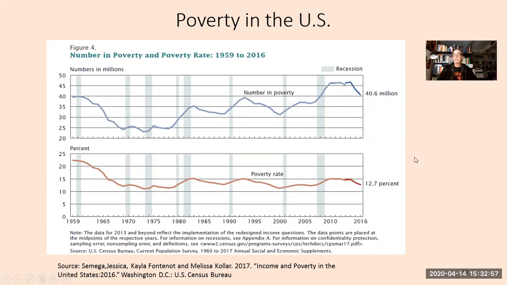Poverty. Poverty is closely related to inequality and social class. The poverty rate, you can see, in 1959 was up around 40%, dropped during the 60s, and began to go up again here. This is the number of people, not the rate.